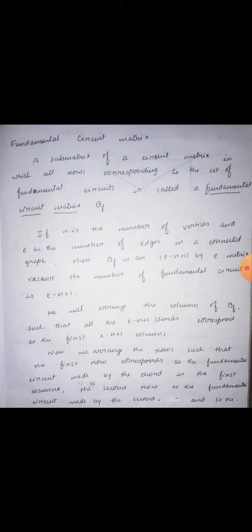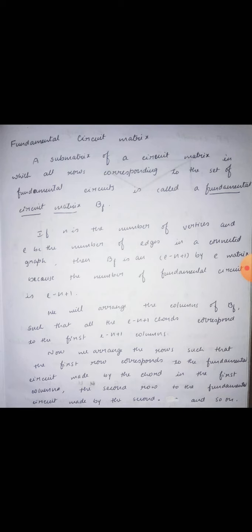If the jth edge is incident on the ith vertex, then the entry in the Aij position is 1. Otherwise, the value of Aij is 0. This is the definition of the incidence matrix. Also, we have seen that the rank of the incidence matrix is n minus 1.